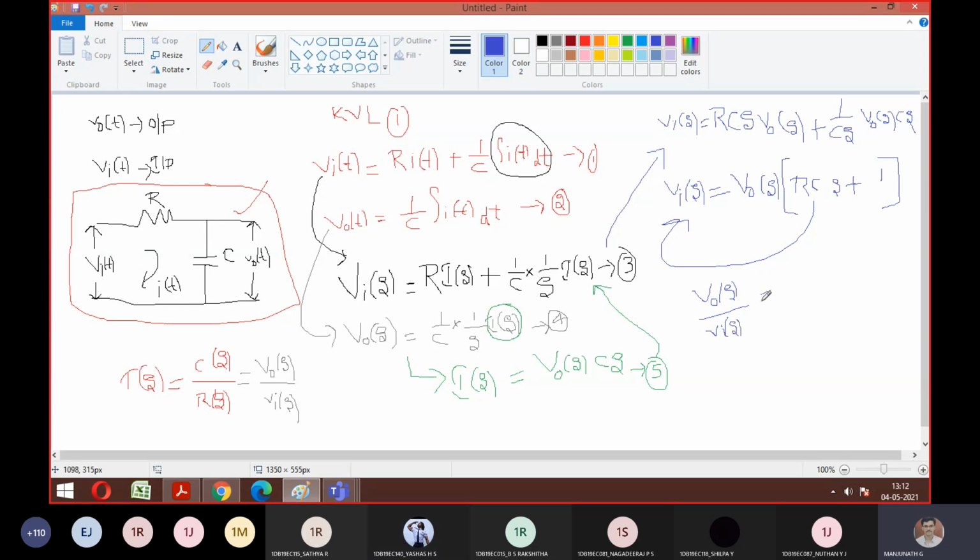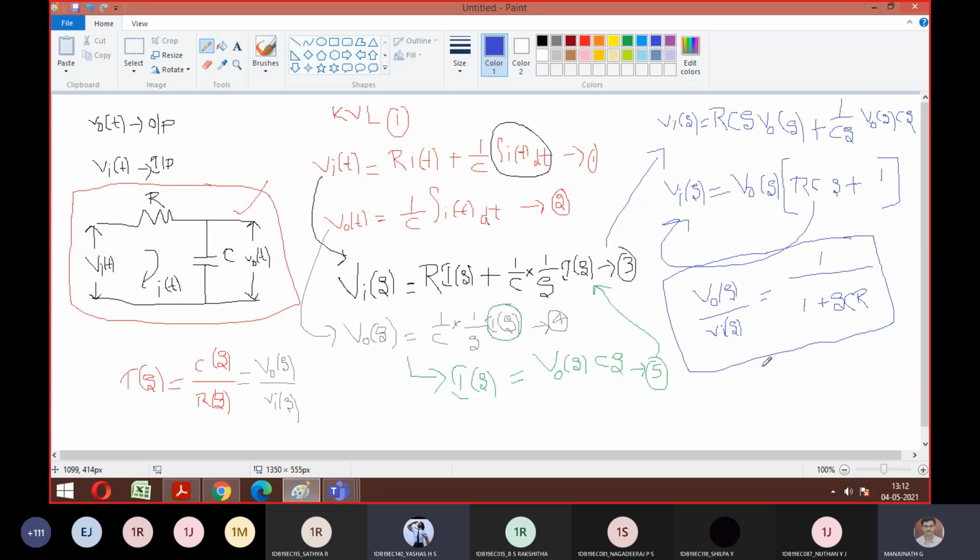This is equal to 1 divided by 1 plus RCs. Why we write this as 1 plus, I will tell later, because this is like a feedback path. Later we'll discuss what exactly the feedback path is. So always try to write the equation as 1 divided by 1 plus form.